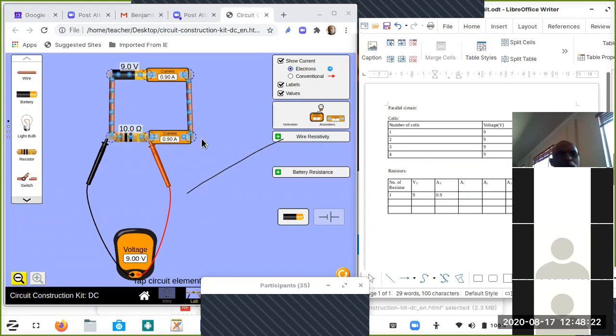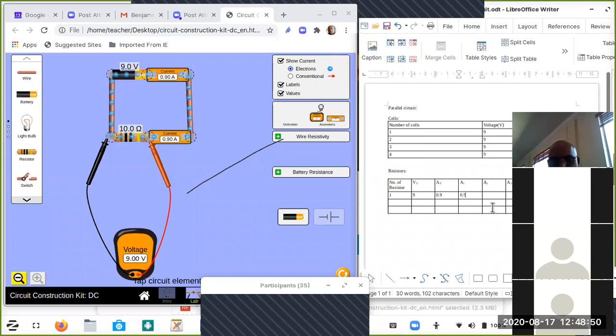Remember, we said in a series circuit, the current flowing through the components is the same. So that's what we are seeing there. The other ammeter connected to the resistor becomes my A1, which means ammeter 1, which is also 0.9.